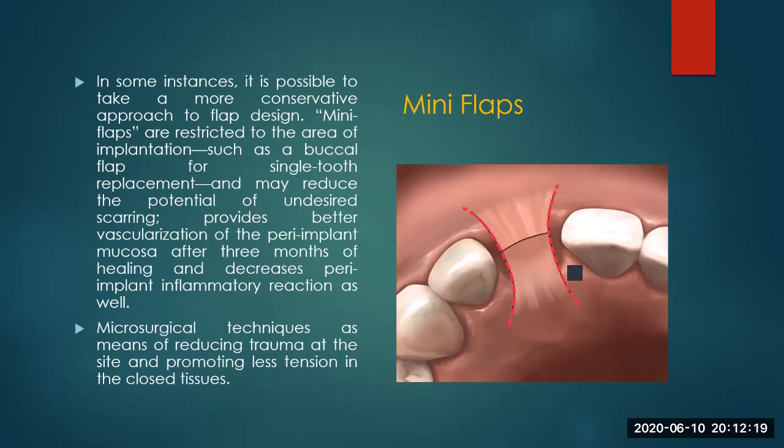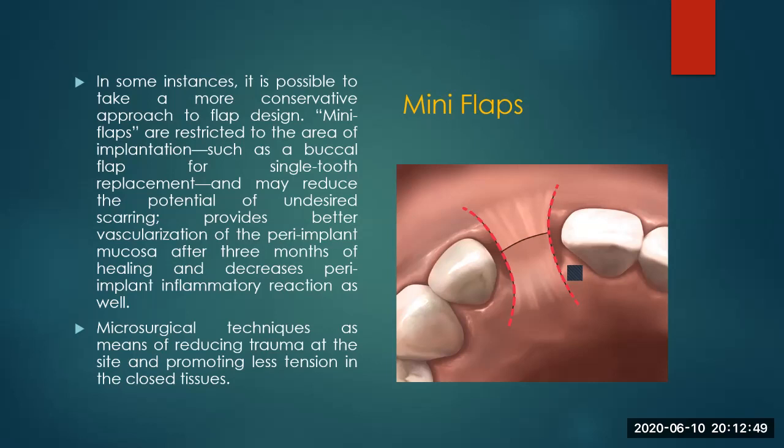So that's why there's a tendency toward minimally invasive flap surgery when we do dental implants. In this case, we are preserving the peri-implant soft tissue. The soft tissue that surrounds the dental implant will remain as intact as much as possible.